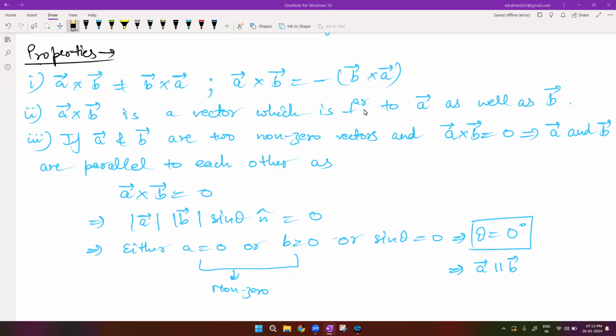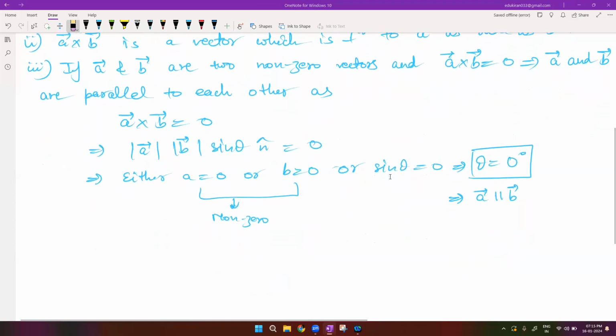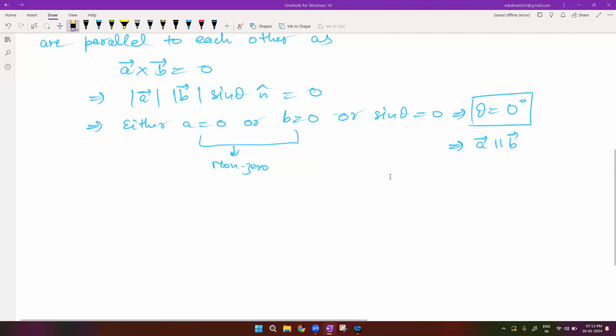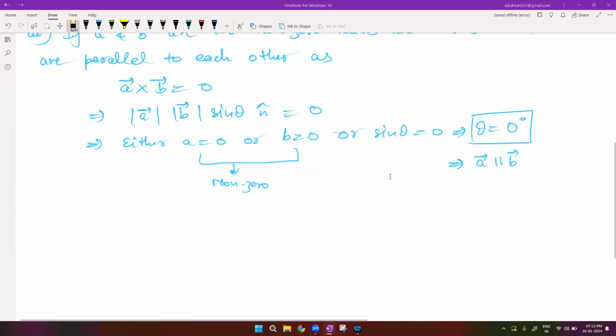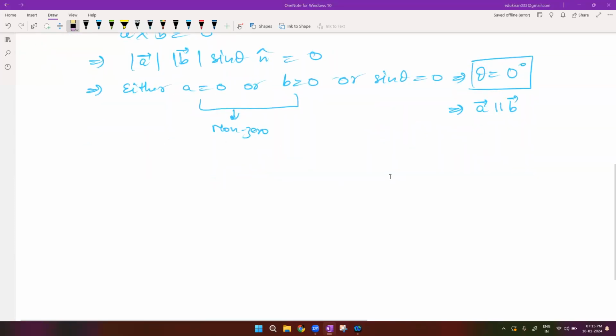So let's come to the next property, which basically uses this information. Let's say there are two vectors which are perpendicular to each other.